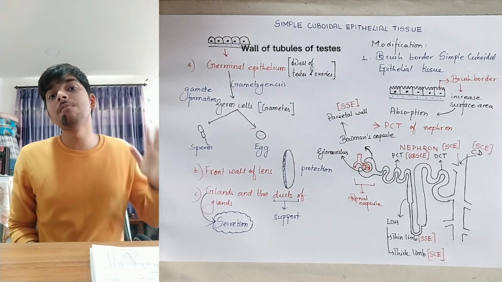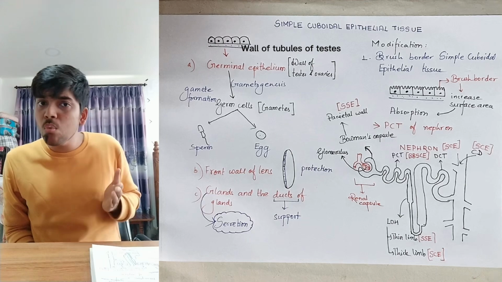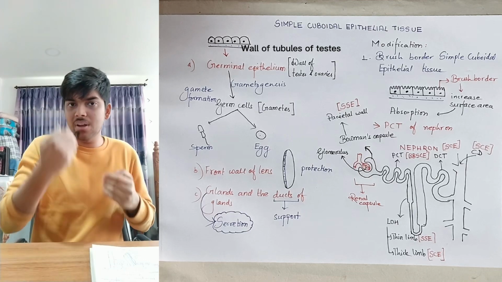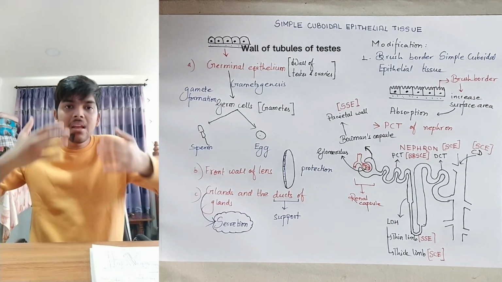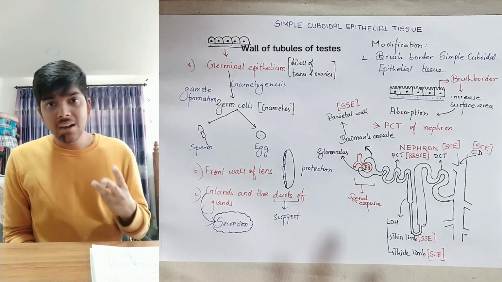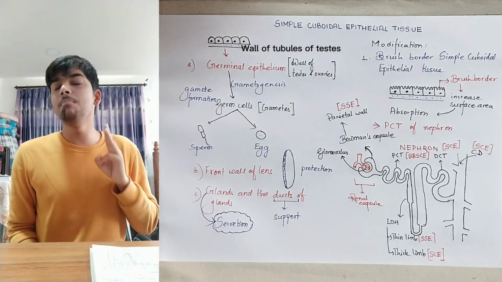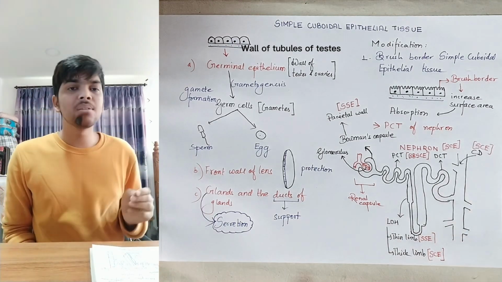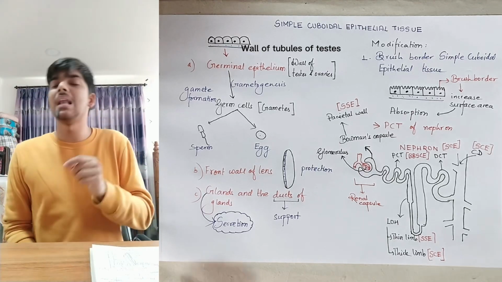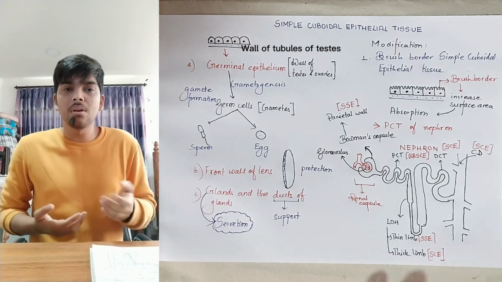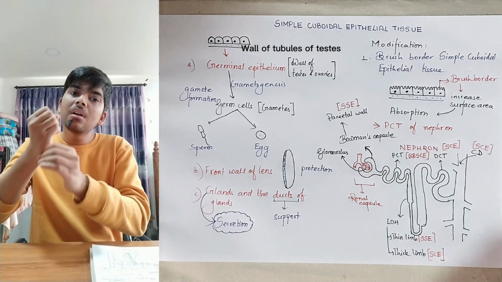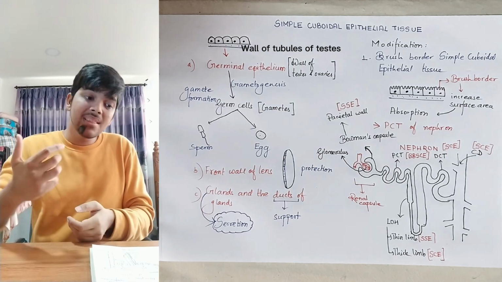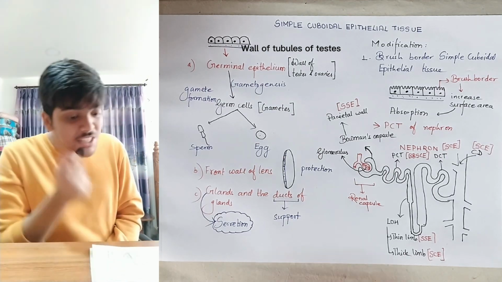Secondly, it lines the front wall of the human lens and provides direct protection to the human lens by forming a shield in front of that lens. Number 3, it's found in glands and plays the major role of secretion, which is not played by squamous epithelium, as well as forms the lining of ducts of those glands and provides support, since ducts in particular need to go from one place to another, so they require support, and this support is provided by simple cuboidal epithelial tissue.